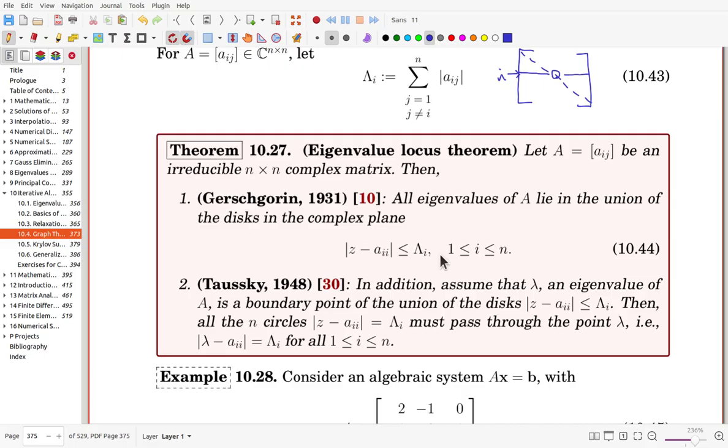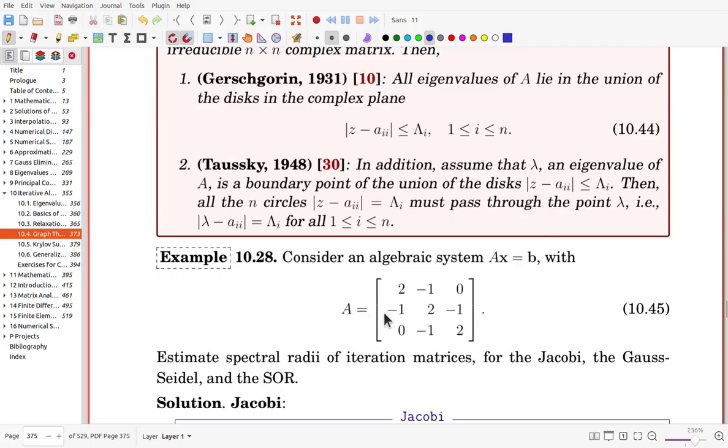That's the theory. Now, for example, for this matrix, Lambda 1 is 1, Lambda 2 is 2, and Lambda 3 is 1 in modulus.